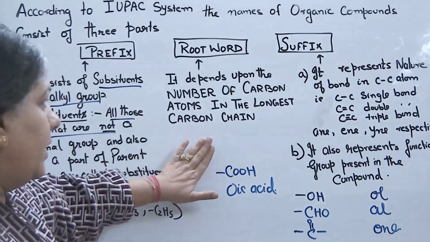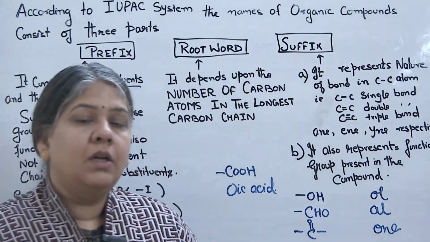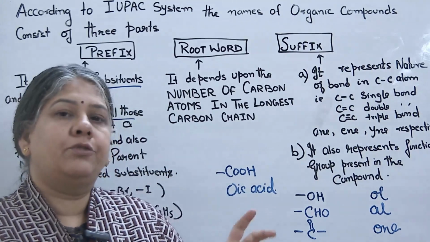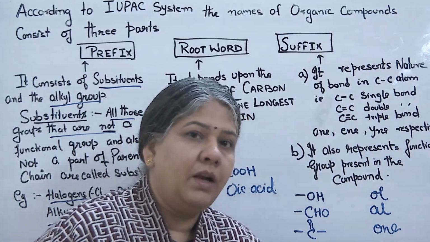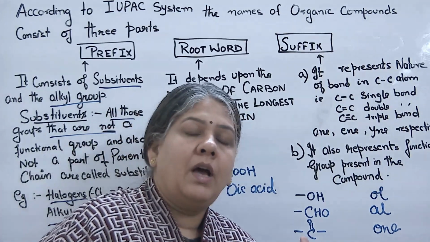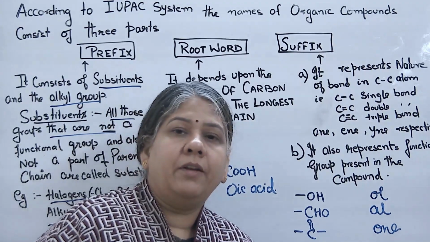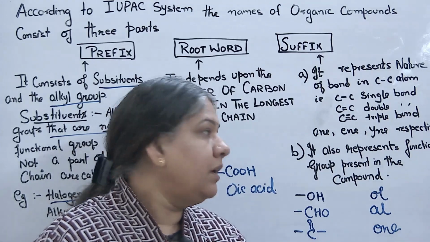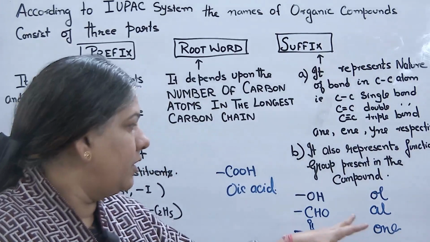So you must just remember that the name has three parts: root word. Before the root word comes prefix. Prefix consists of the names of the substituent and the alkyl group. And after the root word comes suffix that represents the bond that is present between the carbon-carbon atoms in the compound, and it will also contain the name of the functional group that is present.